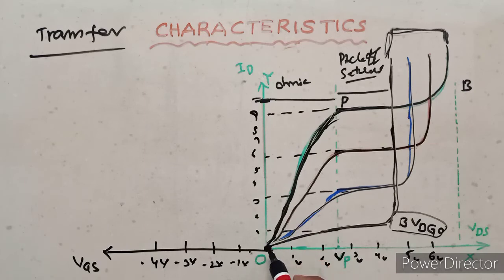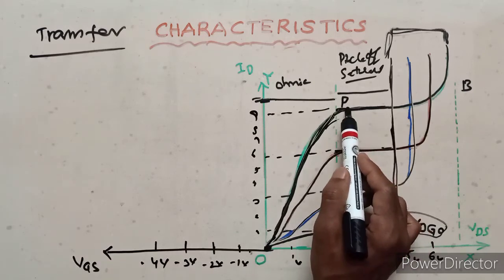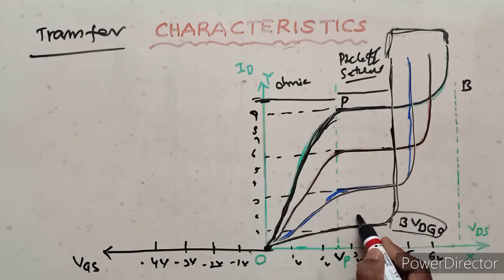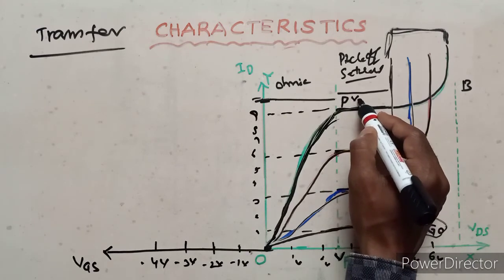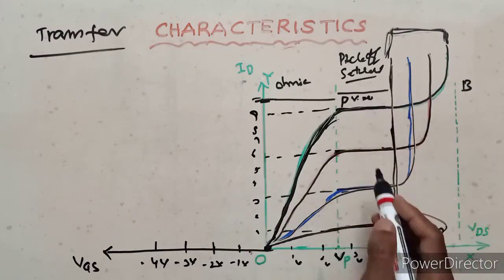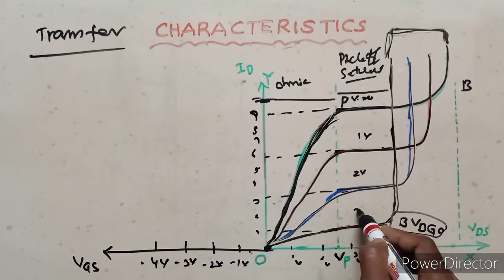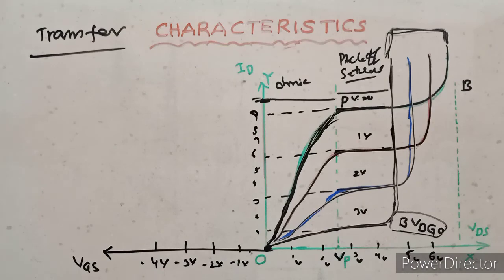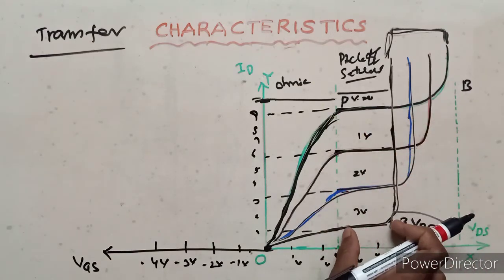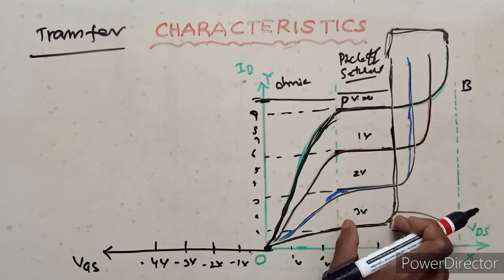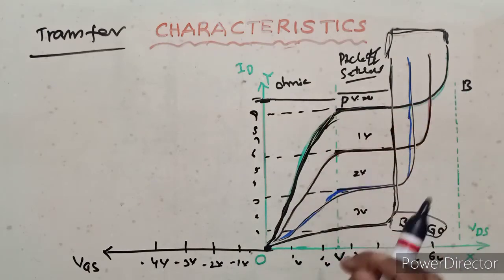Here the voltage is 0 volts, this is 1 volt, 2 volts, 3 volts, and so on in the negative direction. Here these are constant voltage lines, and these are constant current lines.